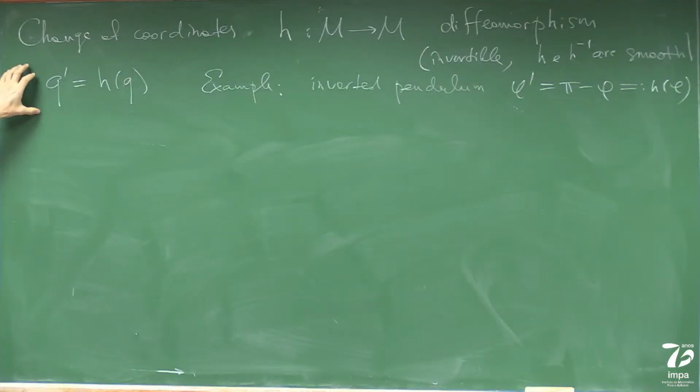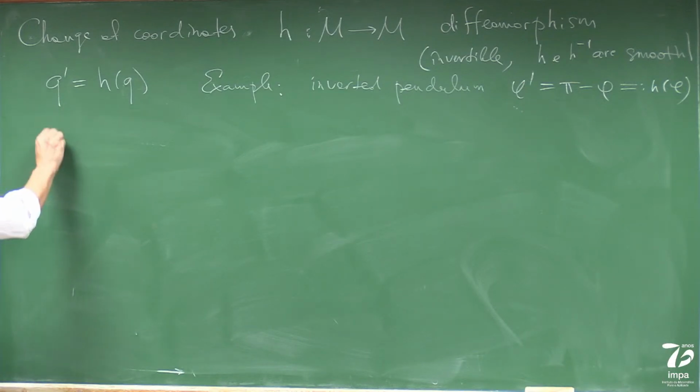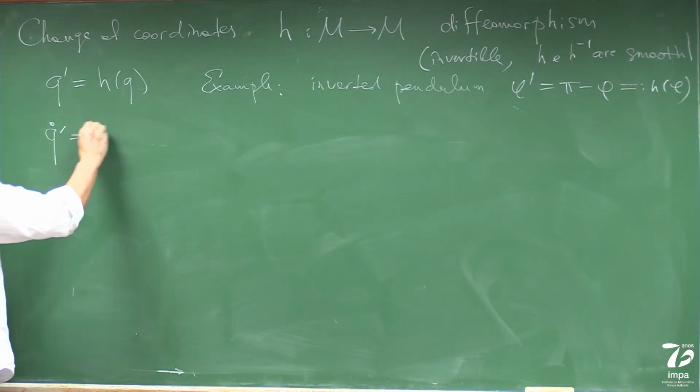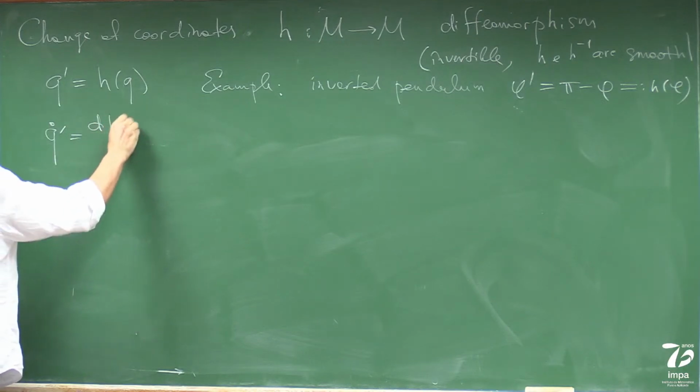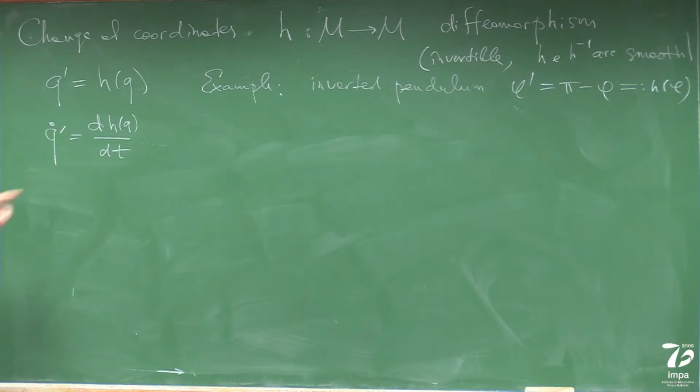In the Lagrangian function, we have both coordinates and speeds. So we need to find new speeds. So the time derivative of this expression, you can differentiate with respect to time.